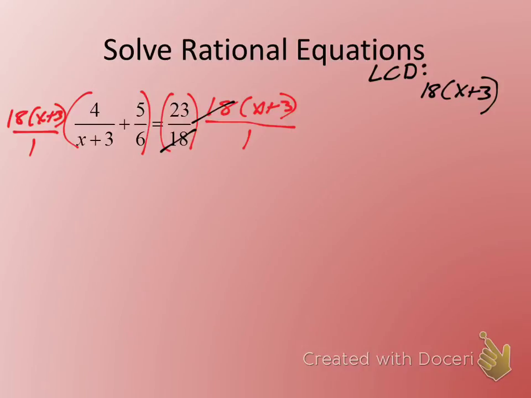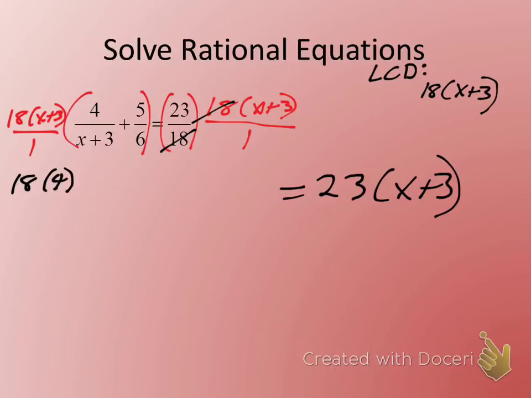So your right side just becomes 23 times x plus 3 on the right hand side. By that same logic, on the left hand side, you're going to distribute this 18 times x plus 3 to both these terms. Showing that work, you have 18 times 4 times x plus 3 over x plus 3, and then these x plus 3's cancel, which leaves you with just 18 times 4.